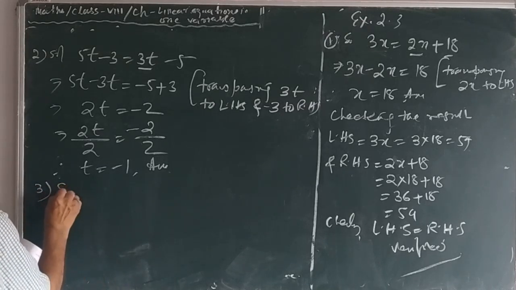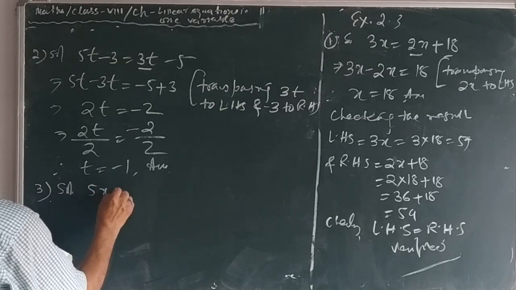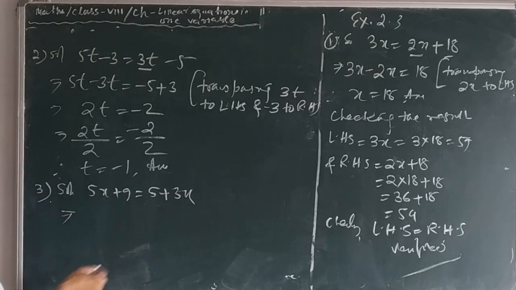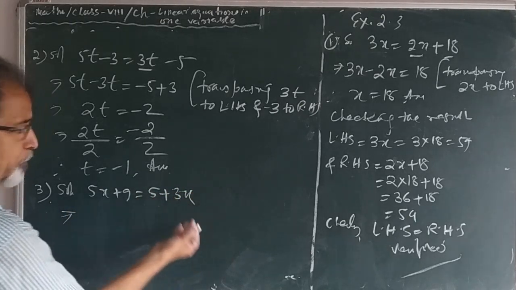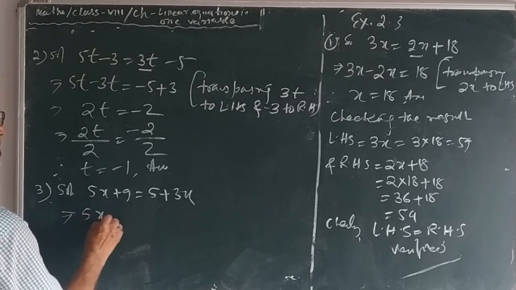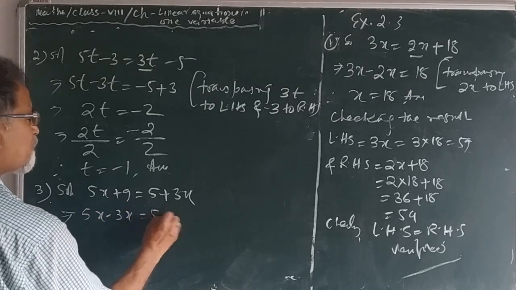Question number 3: 5x plus 9 equal to 5 plus 3x. Similarly, we will transpose all variable terms to LHS and constant terms to RHS. 5x minus 3x, 5 minus 9.